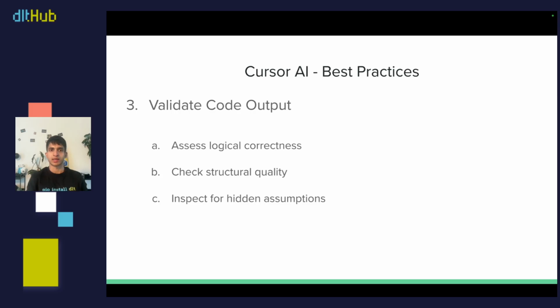You have to make sure that the data in the destination is as it should be in terms of the structure, in terms of the number of records, and so on and so forth. You want to make sure that the logic you had written down in your prompt has been correctly translated in your code. And one last thing is you also want to check for hidden assumptions, edge cases, anomalies, and so on and so forth, depending on your use case.